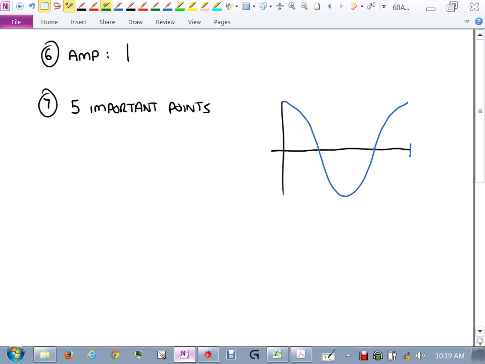How many x-intercepts do I have for the cosine? I have 2 x-intercepts, right? Maximum, 2 maxes, and then 1 minimum.